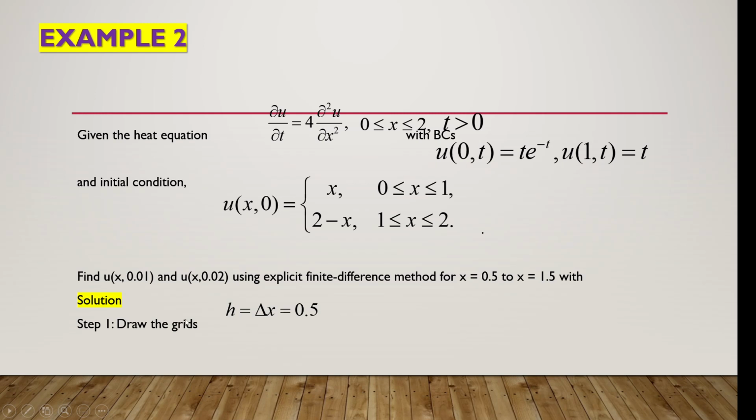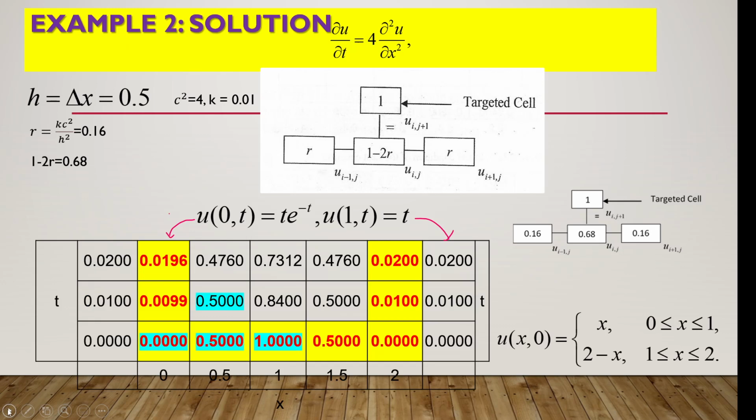Similarly, first step, you draw the grids here. So x is 0, 0.5, 1, 1.5, 2. This is the left side, t from 0, 0.01, 0.02.